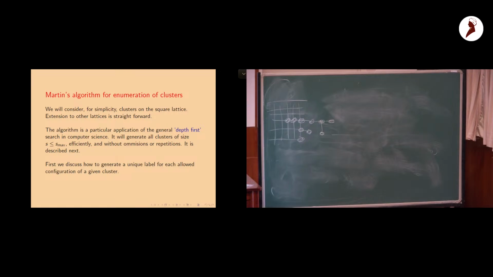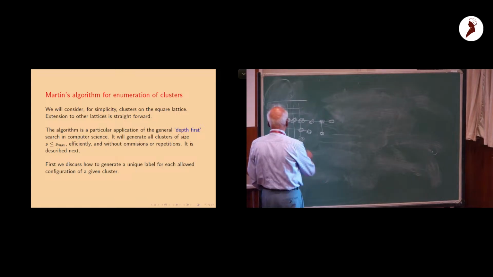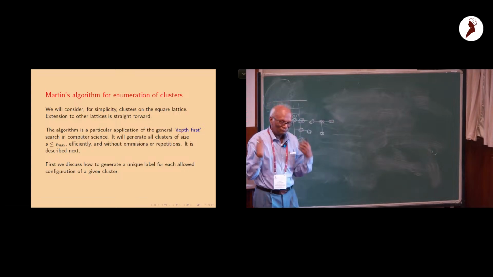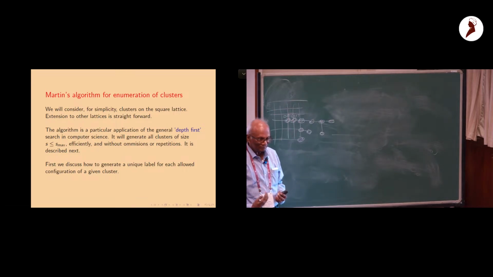You can imagine the cluster in 3 dimensions or in 4 dimensions, and then it becomes harder and harder to decide how to give names to these clusters. The name should be unique. If I give you the name, you should uniquely identify the cluster. It's possible. These are sites, no? This site has a coordinate 0, 0, this site has a coordinate 0, 1, then 0, 2. I give you a list in which all the sites are given, and that's a name.